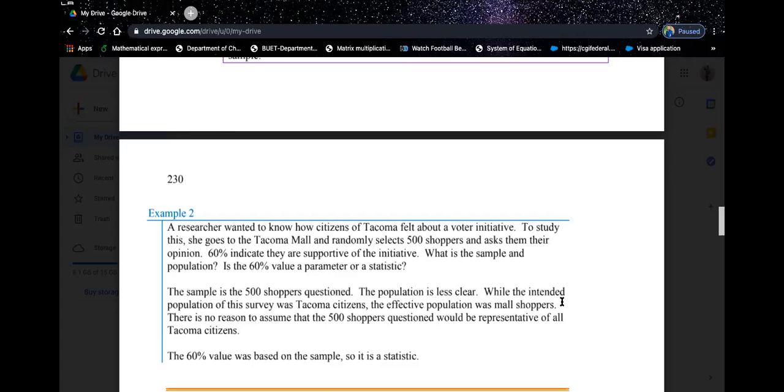But definitely, if I say the shoppers of that mall, then it can be more effective. And you can see the book says there is no reason to assume that the 500 shoppers questioned would be representative of all Tacoma citizens. Does it make sense?